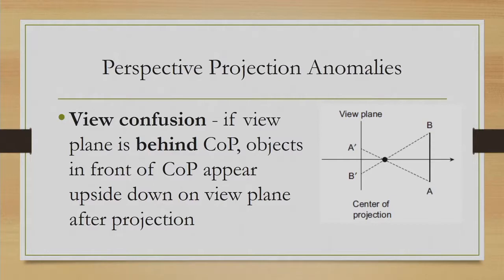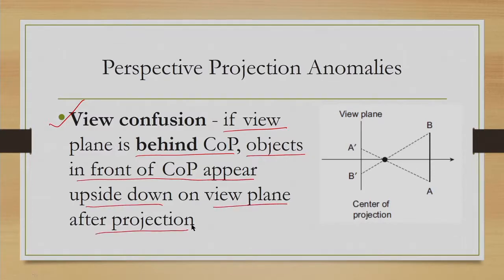There is another anomaly called view confusion. If the view plane is behind the center of projection, that means the point where the projectors meet, then the objects that are in front of the center of projection appear upside down on the view plane after projection. This is simple to understand. This is the center of projection and the view plane is behind it.